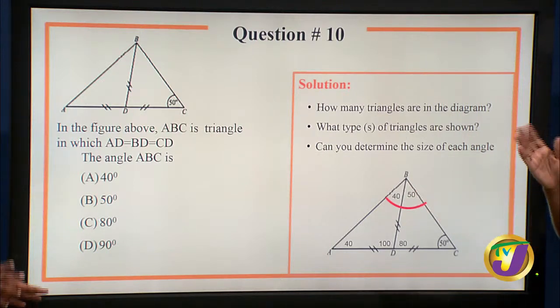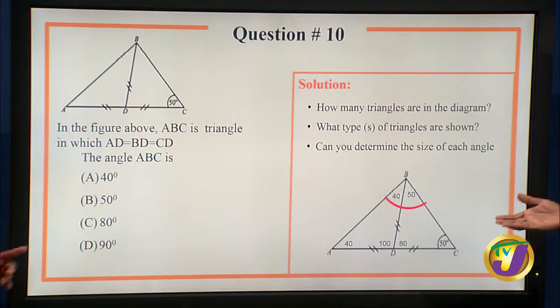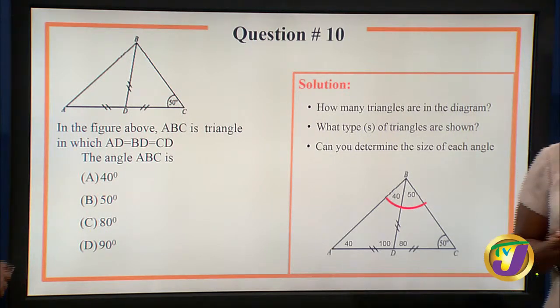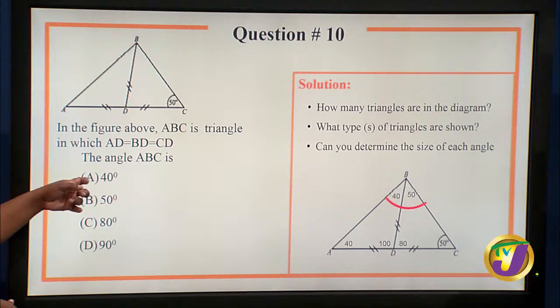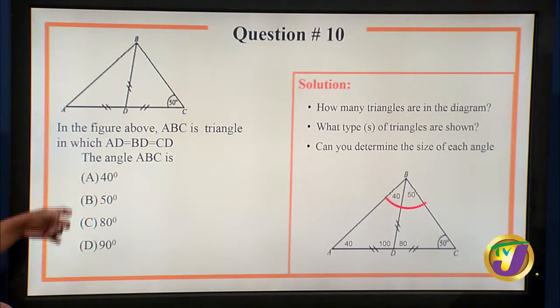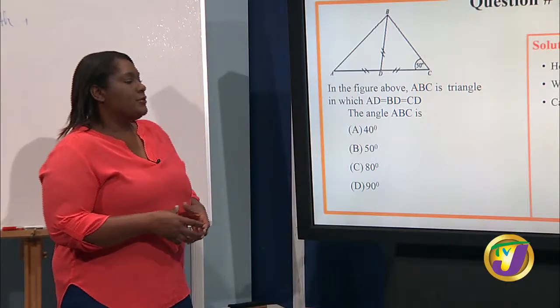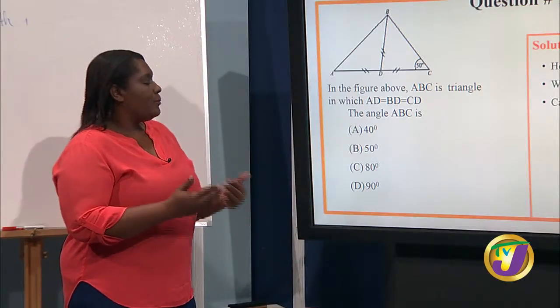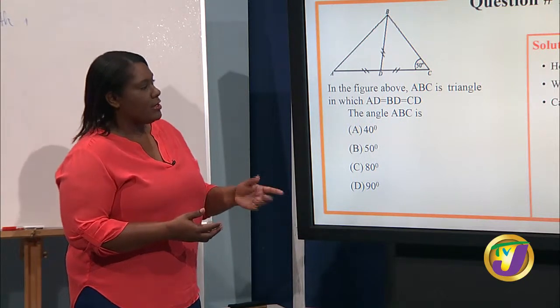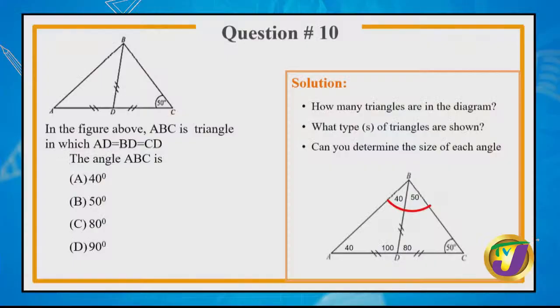It is important that we note it's a combination of 2, because 40 is listed as a possible answer and 50 is also listed. But are those the answers? No. Because it is a combination, what we need to do is to add both angles right there in order to get the size of angle ABC.